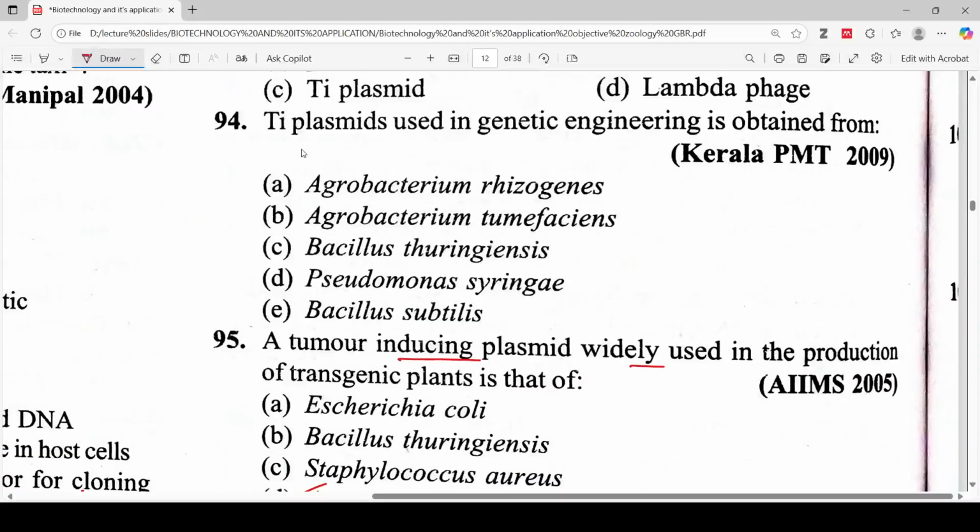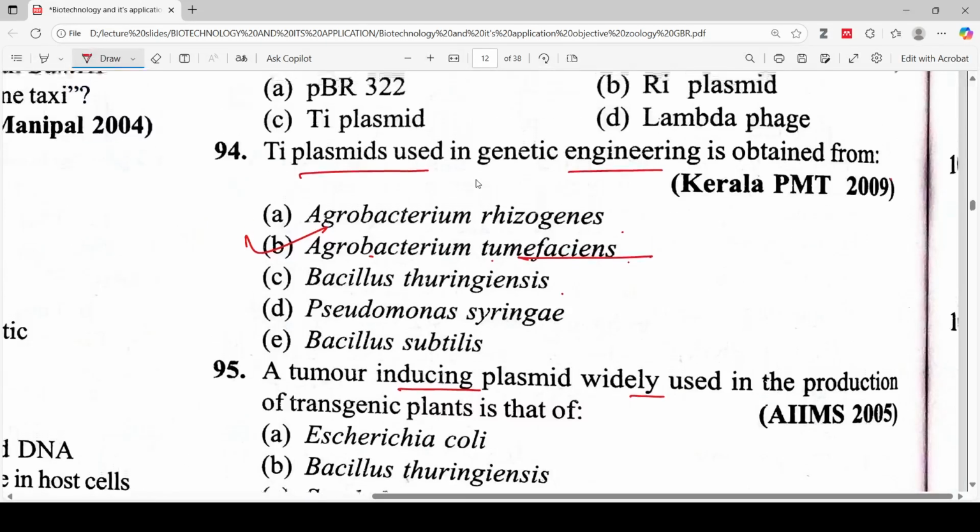Next question, Ti plasmid used in genetic engineering is obtained from Agrobacterium rhizogenes, Agrobacterium tumefaciens, Bacillus thuringiensis, Pseudomonas syringae, and Bacillus subtilis. So the correct answer will be option B, Agrobacterium tumefaciens.